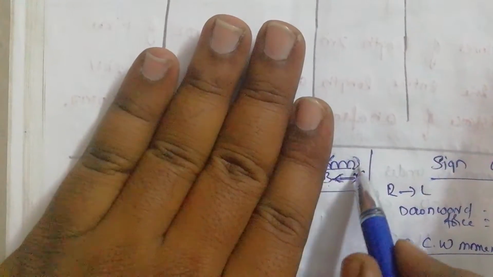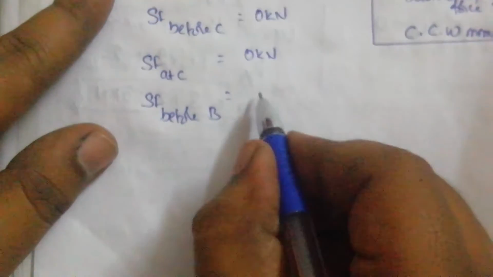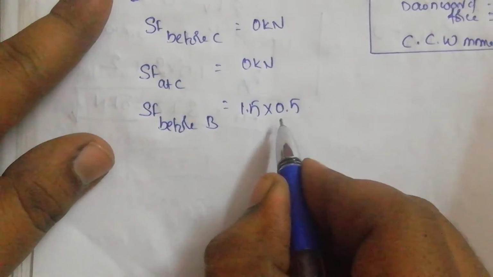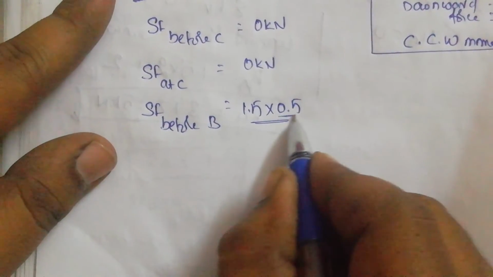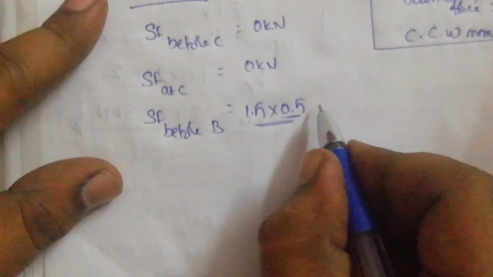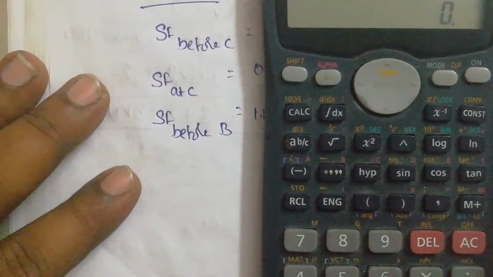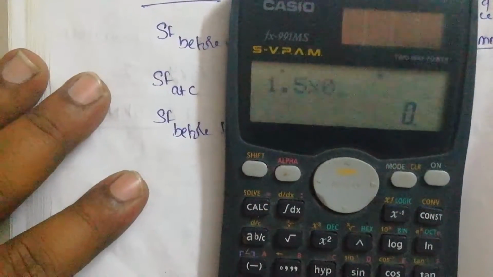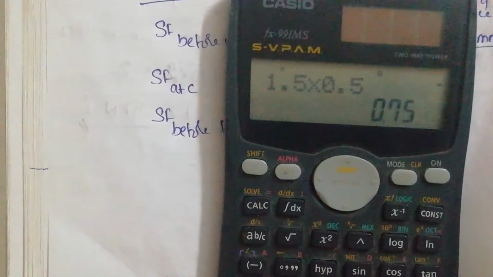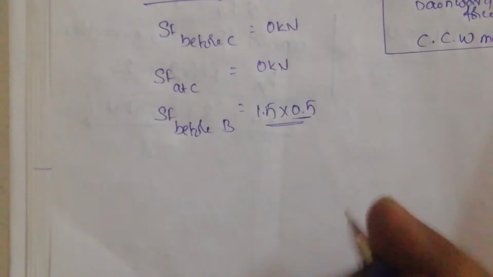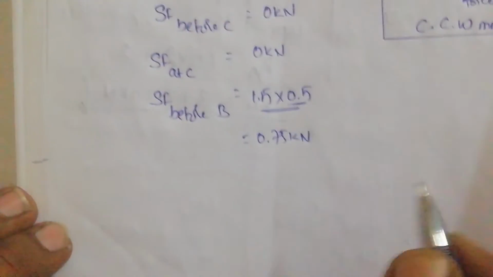The length of this UDL is 0.5, so 1.5 into 0.5, you will get the value as 0.75. So I am writing 0.75 kilonewton.